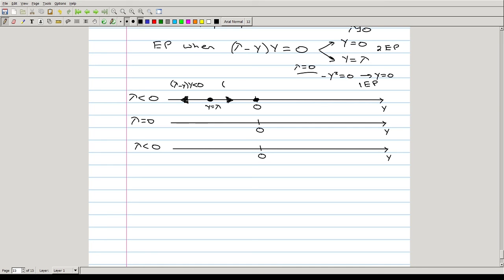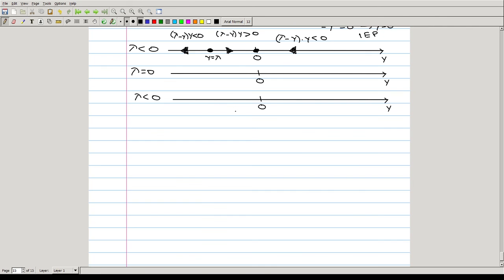For any solution in this region, from lambda to 0, (lambda minus y) times y is going to be positive. And for any solution in this region right here, (lambda minus y) times y is going to be negative. So this is exactly the correct phase line diagram.